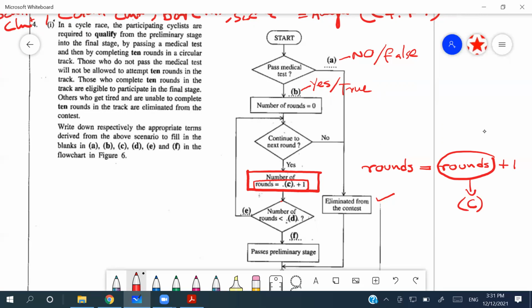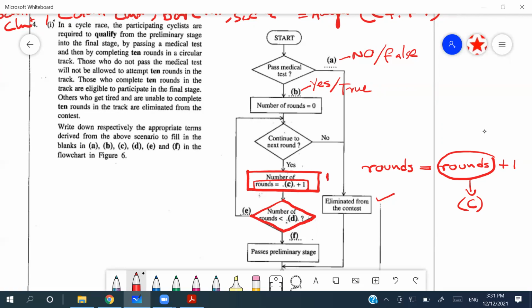Then the condition is asking a question: number of rounds less than some particular number. Right, so we know now there are 10 rounds to be run. So when number of rounds is updated to 1, one round is completed.